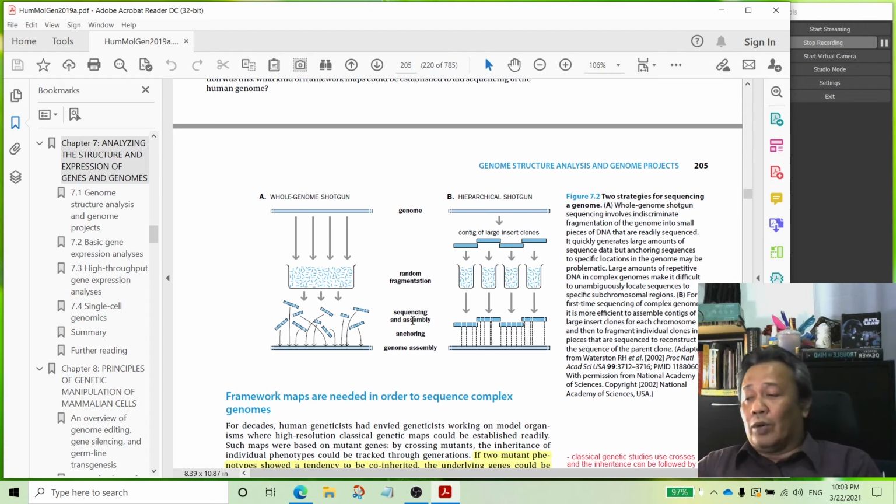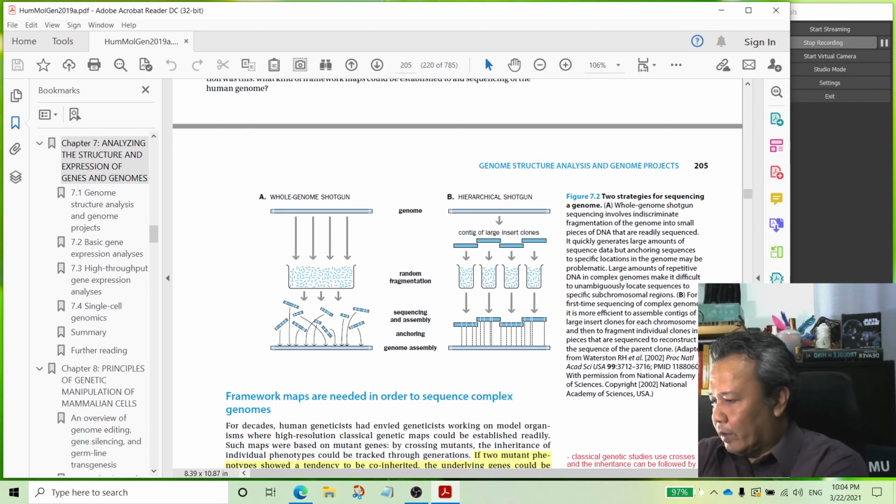I'll explain to you what contig is. From the contig of large inserts, you then do your whole genome shotgun. This is why it's called hierarchical. You need to do an extra step to deal with the multiplicity of different chromosomes.